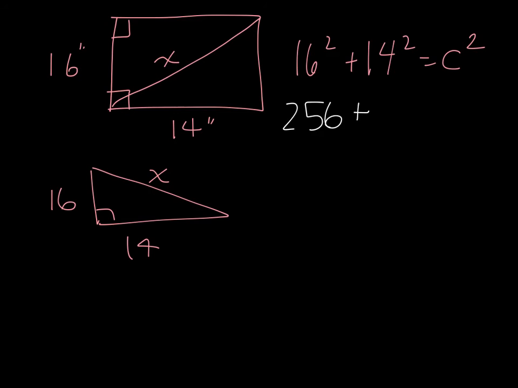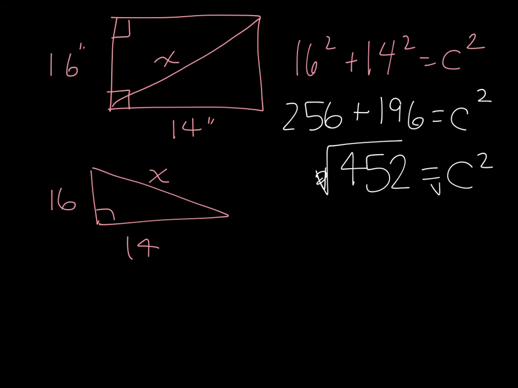Plus 14 squared is 196 equals c squared. So 256 plus 196 is 452, which equals c squared, and square root both sides to figure out the c. When you square root the left side, those two cancel out, and then on your calculator do square root of 452, and you will get your answer to be approximately 21 inches. Okay?